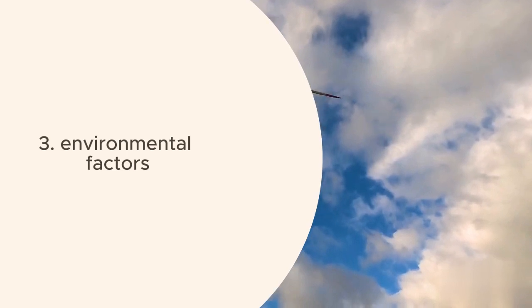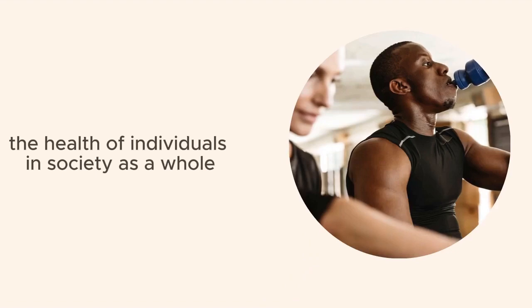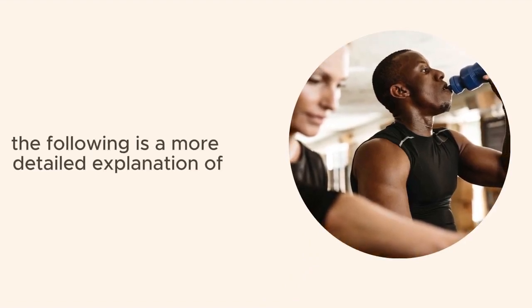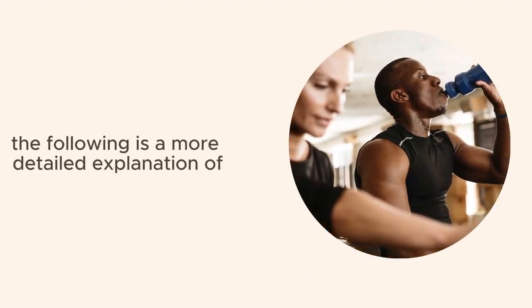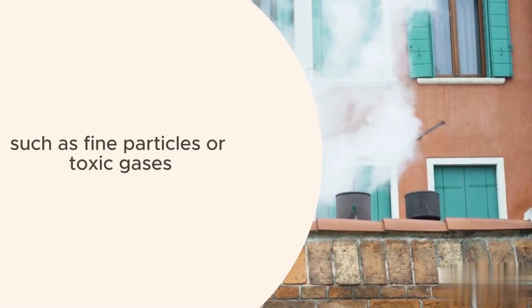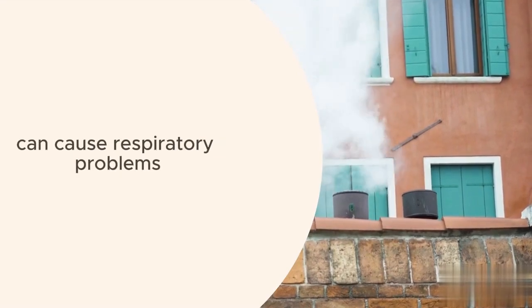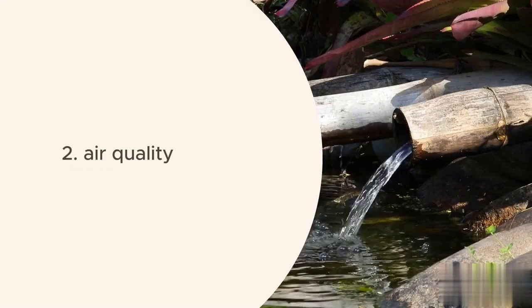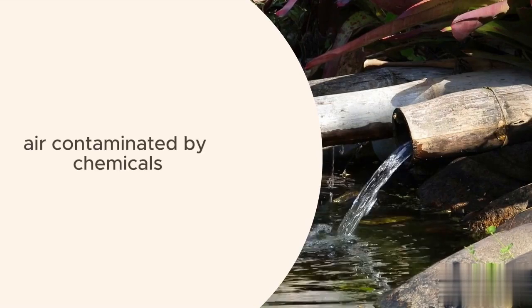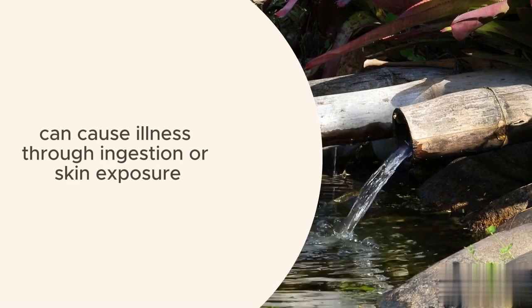3. Environmental factors. Environmental factors have an important role in determining the health of individuals and society as a whole. The following is a more detailed explanation of environmental factors. 1. Air pollution. The effects of air pollution, such as fine particles or toxic gases, can cause respiratory problems, allergies and lung disease. 2. Water quality. Water contaminated by chemicals or pathogenic microorganisms can cause illness through ingestion or skin exposure.